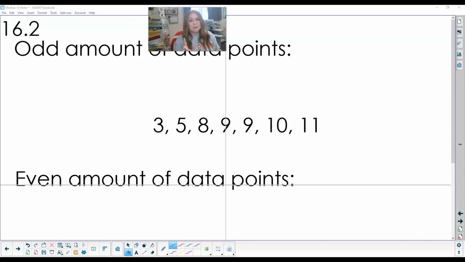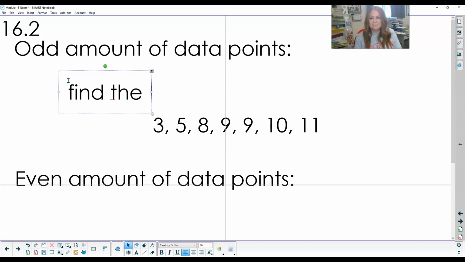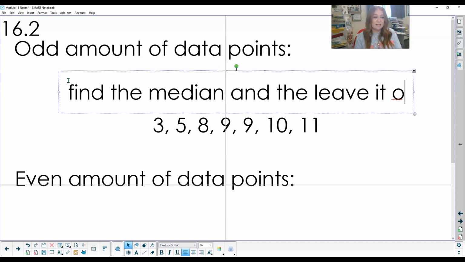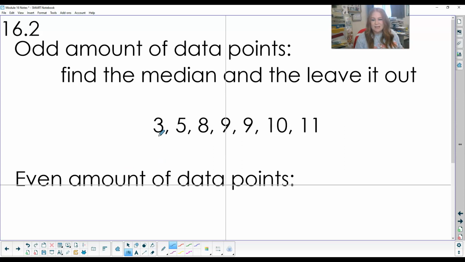But first we need to talk about odd and even numbers. When we have an odd amount of data points, you're going to find the median and then leave it out. So let's try that here. 3 and 11 connect, 5 and 10, 8 and 9.